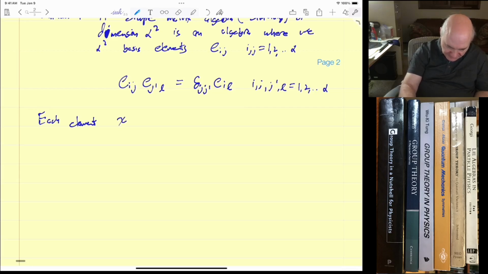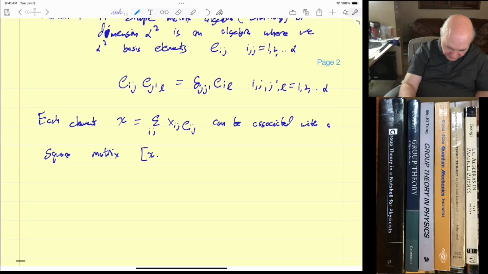So each element x equal to the sum over i, j of x_ij e_ij. We can associate that with a square matrix. We'll denote that by x_ij.